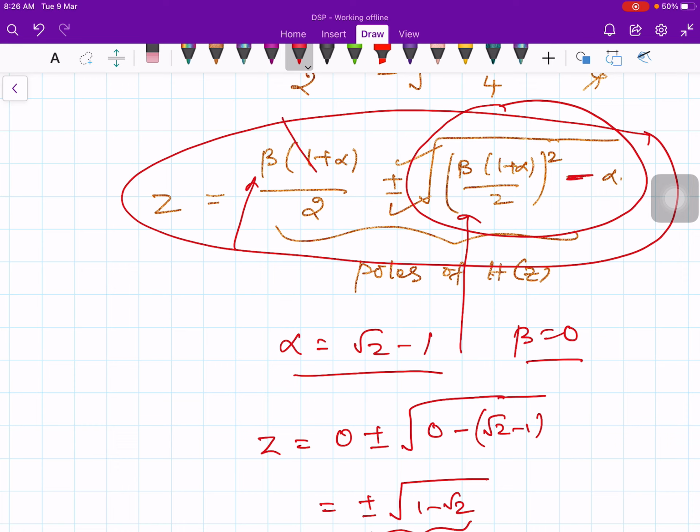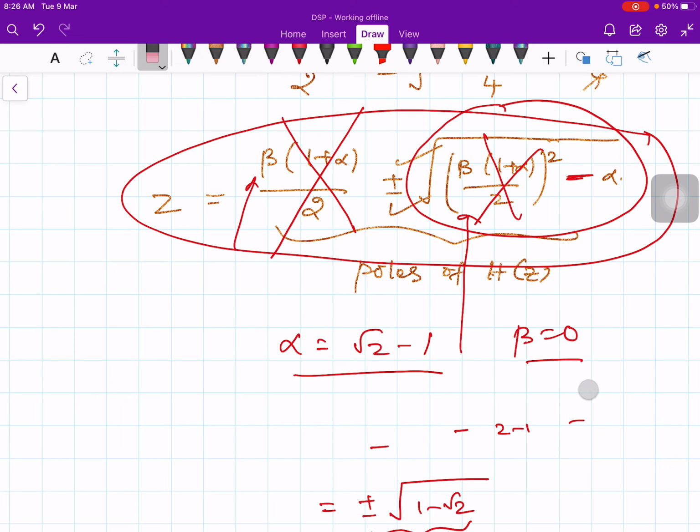So the first term will disappear and you are left with the square root of minus alpha. Let me work it out properly, it is slightly messy. So z equals plus or minus square root of minus alpha.